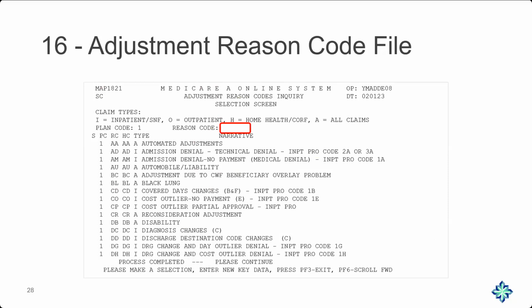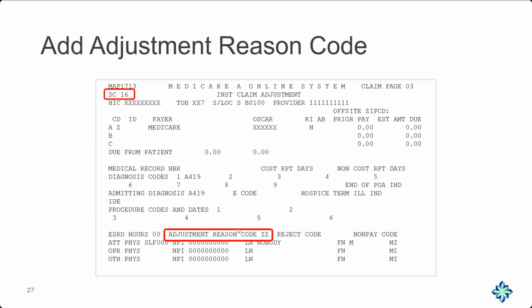So when you go to the adjustment reason code screen, which is submenu or shortcut 16, if you noticed on our prior slide, up here in the top left corner, SC, it actually stands for screen control, but I call it shortcut. You can actually jump right to that file from this page in your adjustment to find the code that you want, or to verify that you're using the right one.